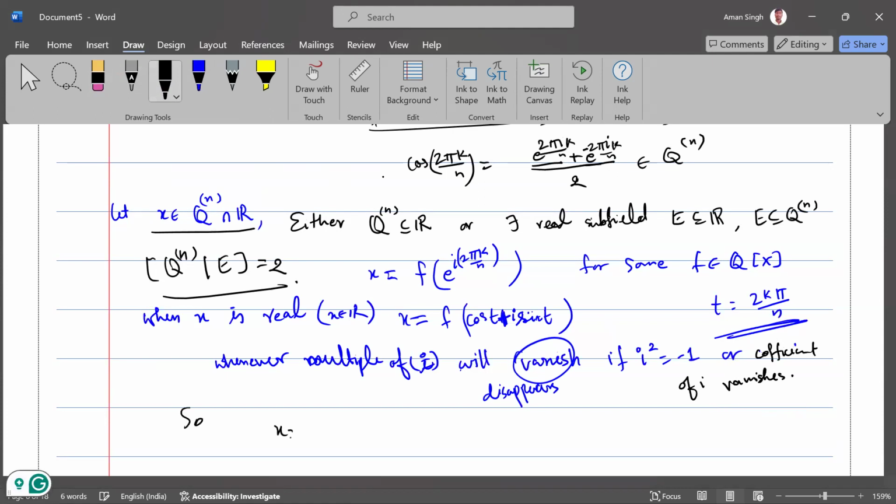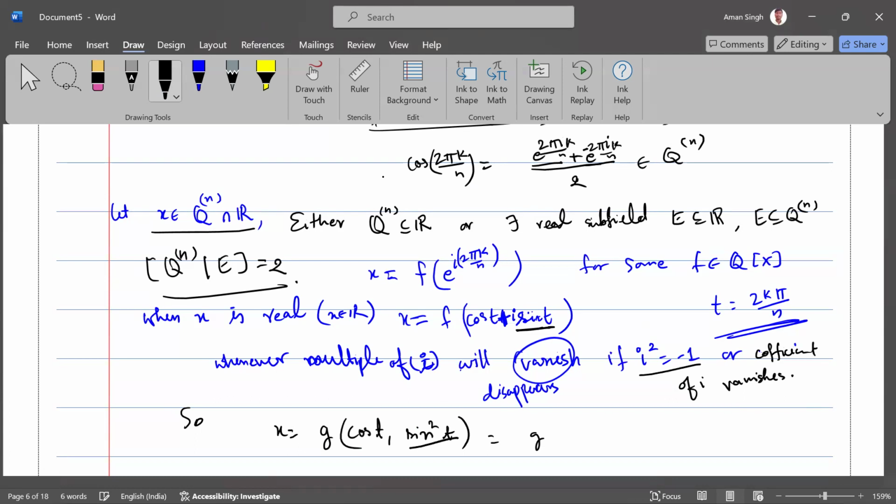So x can be written as some polynomial g depending on cos t and sine squared t. Why sine squared? Because when i squared becomes -1, sine is a multiple of i, so it becomes sine squared.